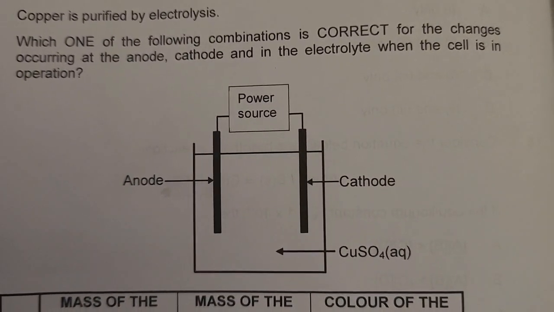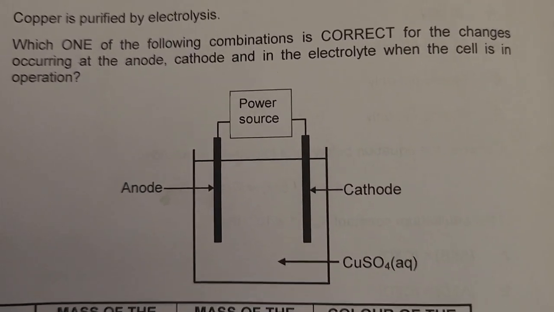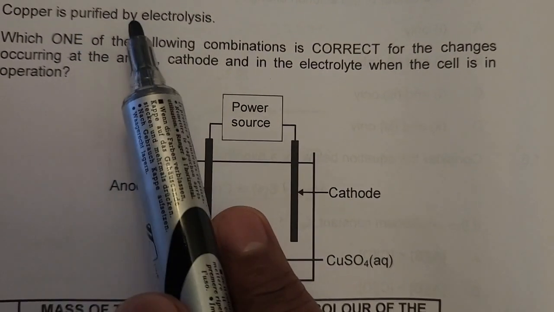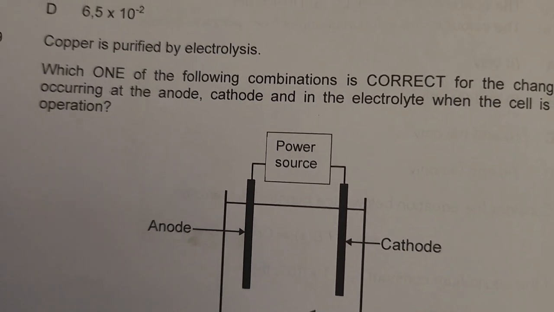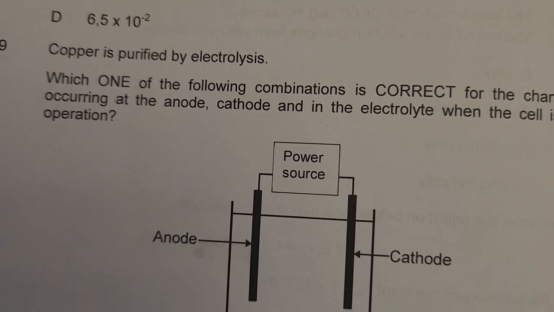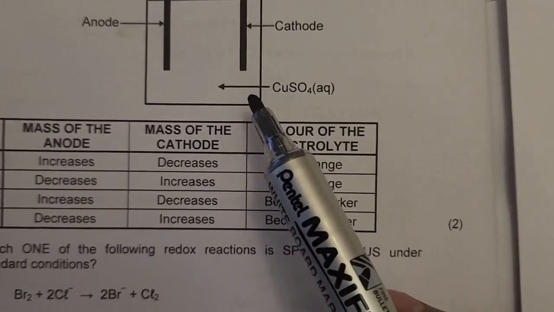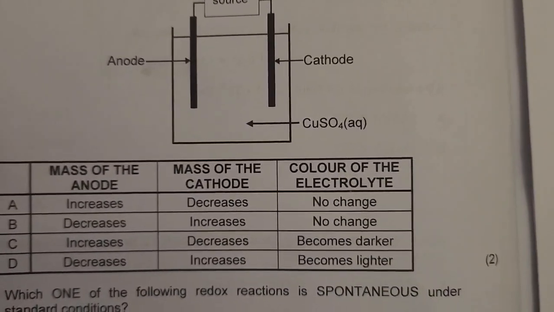Cathode is where oxidation takes place, and the electrolyte when the cell is in operation. Remember, in this case, in the purification of copper, so the concentration of the electrolyte remains the same. So that's what you should know before even looking at the options here. So the concentration of the electrolyte, copper sulfate, will remain the same, but the mass of the anode will decrease and the mass of the cathode increase.